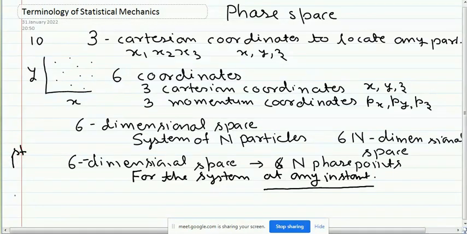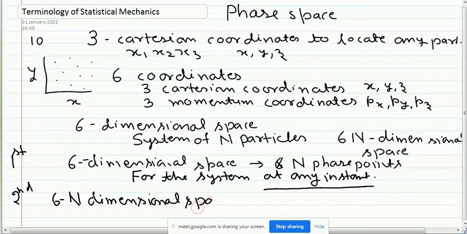And in the second method, we can take the 6n dimensional space. So what is the meaning of 6n dimensional space? It means we will have x1, x2, x3 up to xn.